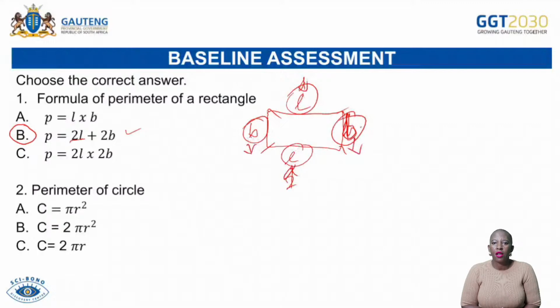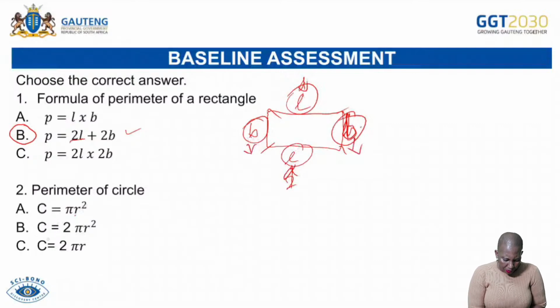Perimeter of a circle. What do you remember about the perimeter of a circle? Is it C equals pi r squared, where pi is 3.142, and r stands for the radius? Or we say circumference. Why am I saying C? Because the other word for perimeter of a circle is circumference.